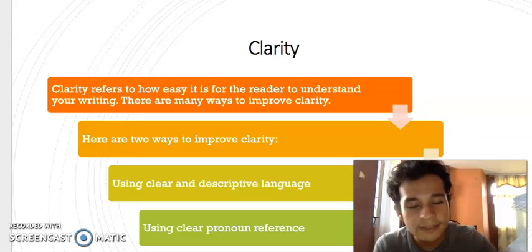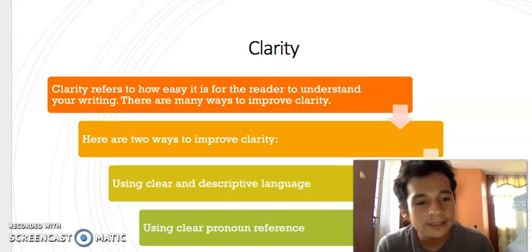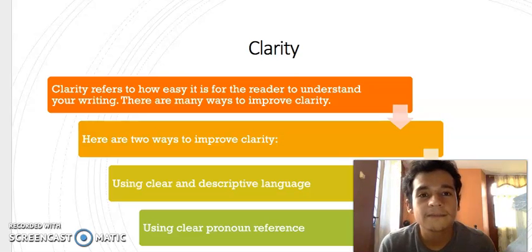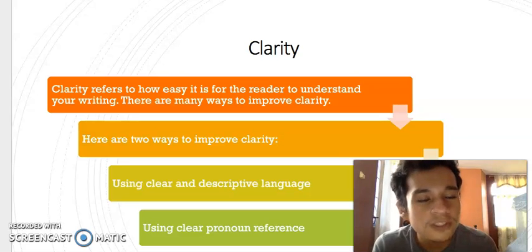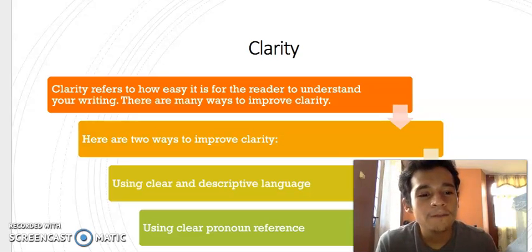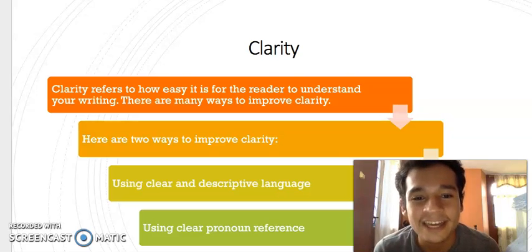These two ways are very beneficial for the reader to understand your writing easily without being misunderstood, without being confused, without being left with a big question mark in his head.